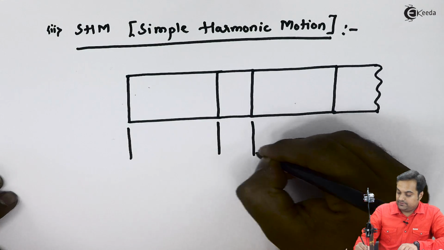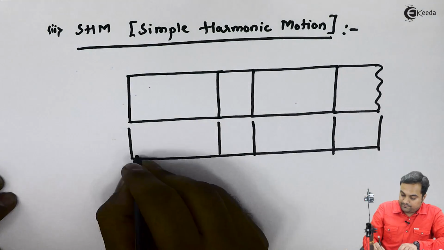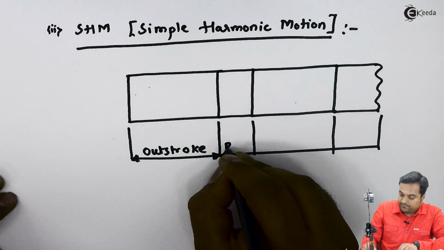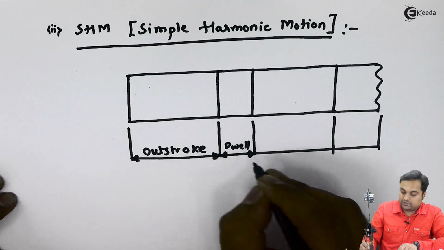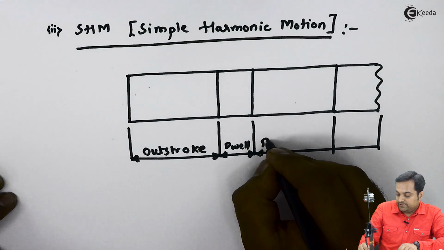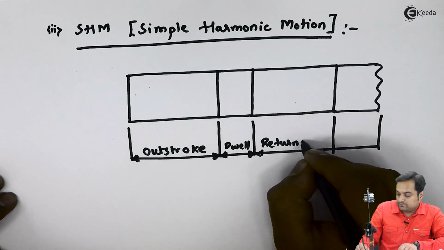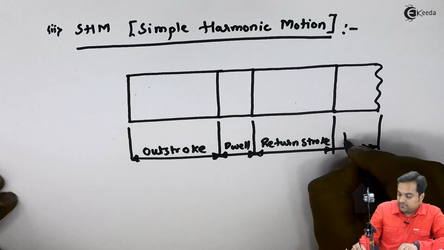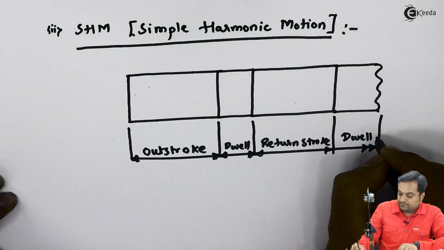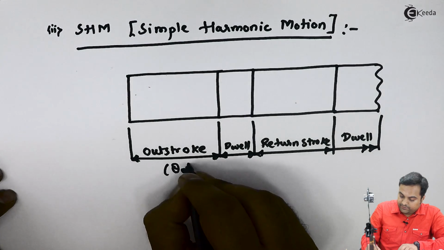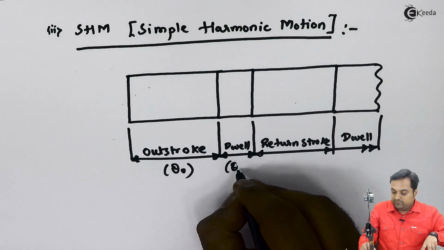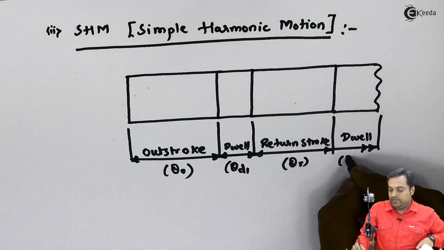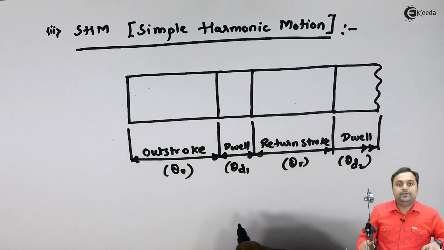I'll write the terms here: outstroke, the first dwell, then return stroke, and second dwell period. Outstroke is denoted by theta O, dwell by theta D1, return stroke by theta R, and the second dwell by theta D2.